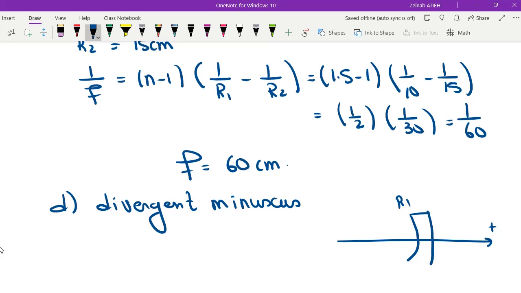It's like this, something like this. So R1, R2. And here in our case R1 is negative, so it's minus 10 centimeter. R2 is also negative, it is minus 15 centimeter.